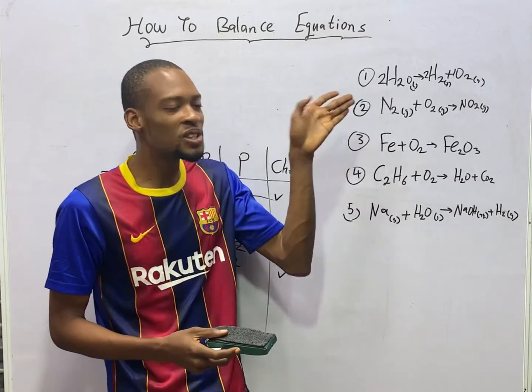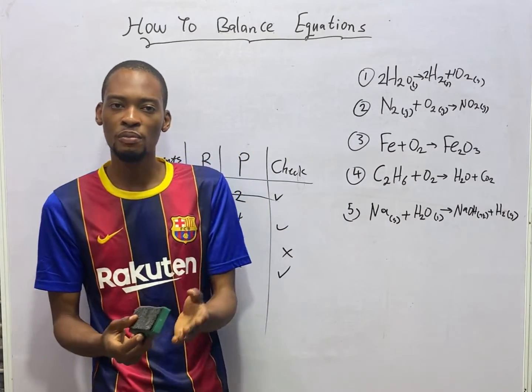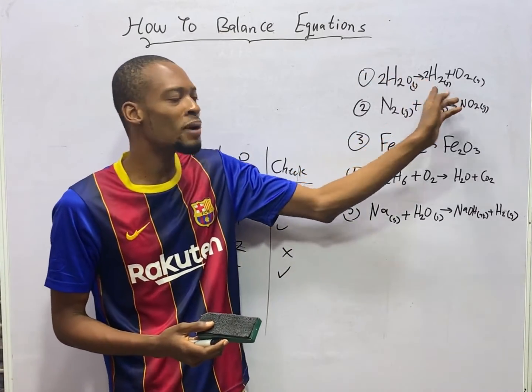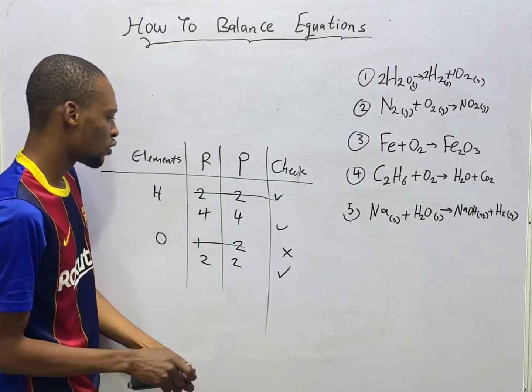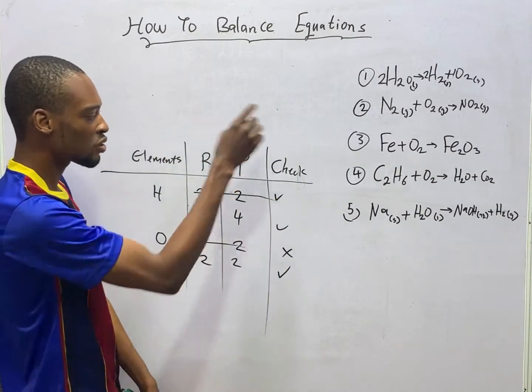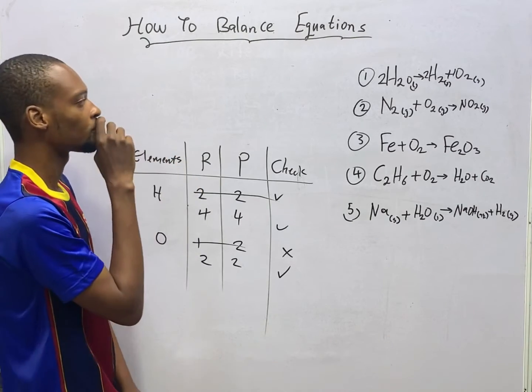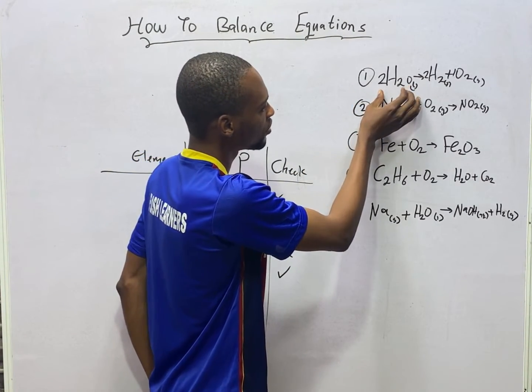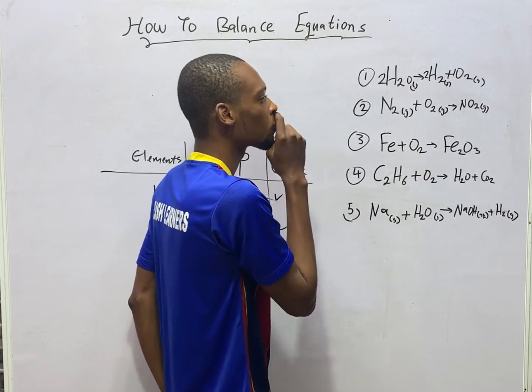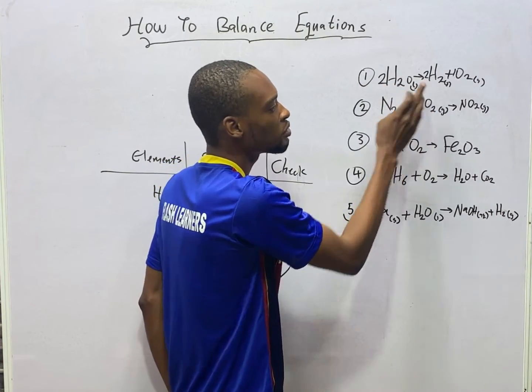Start again to make sure everything is correct, because changing number might affect others like we saw earlier. So now that we've done this, let's confirm if it is balanced now. Reactant, 2 hydrogen, 4 hydrogen, 2 times 2, 4. Product, 2 times 2, 4.